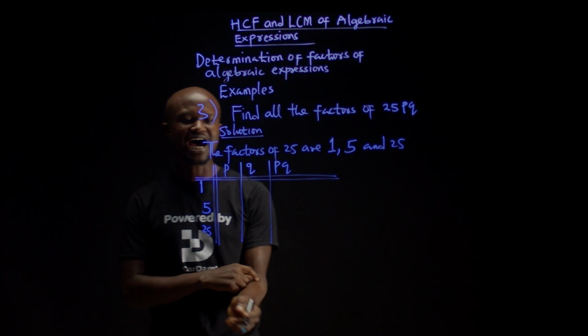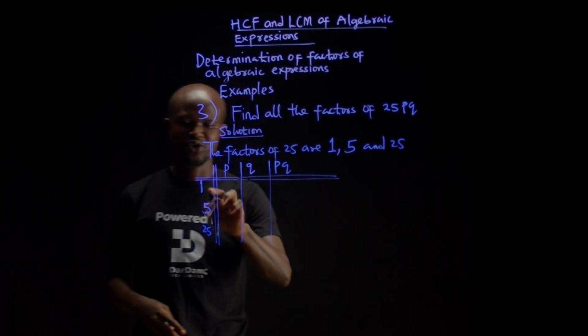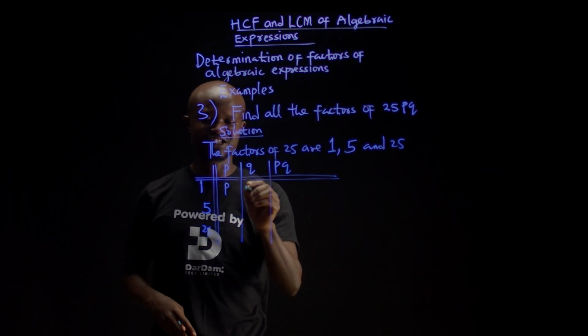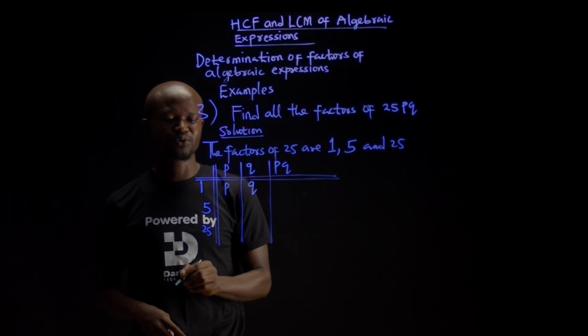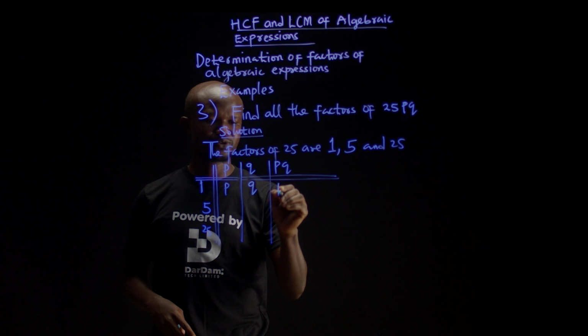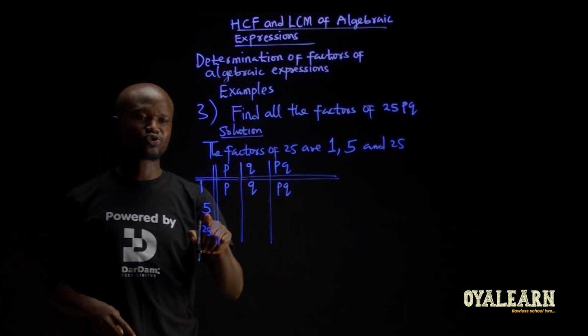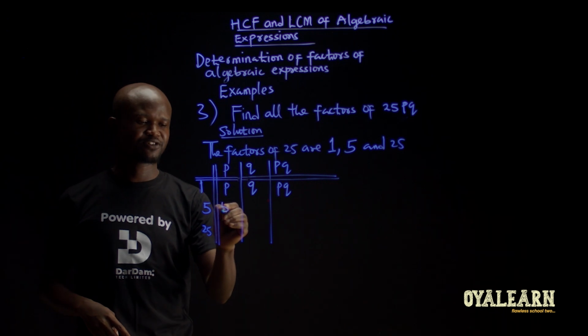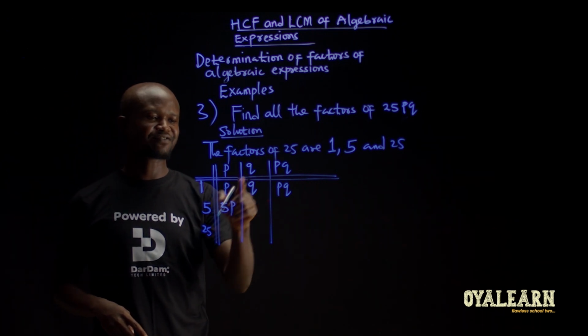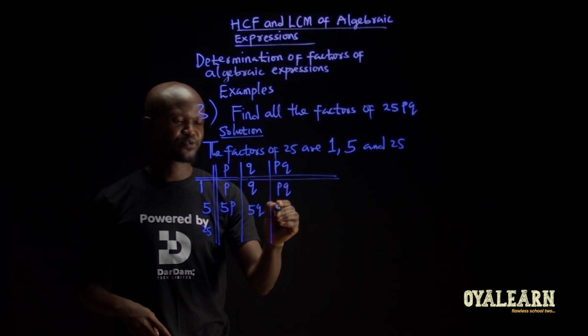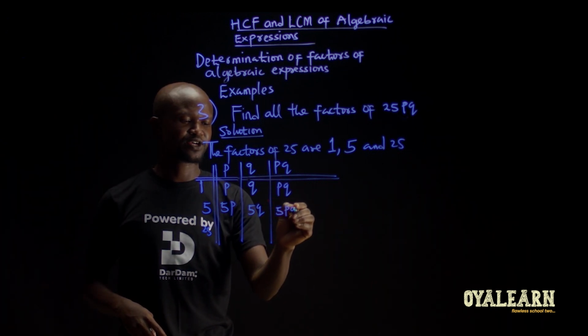Now, let's have the non-numeric factors. 1 times P, we have P. 1 times Q, we have Q. 1 times PQ, we have PQ. Then, the next row, 5 times P, 5P. 5 times Q, 5Q. 5 times PQ, 5PQ.